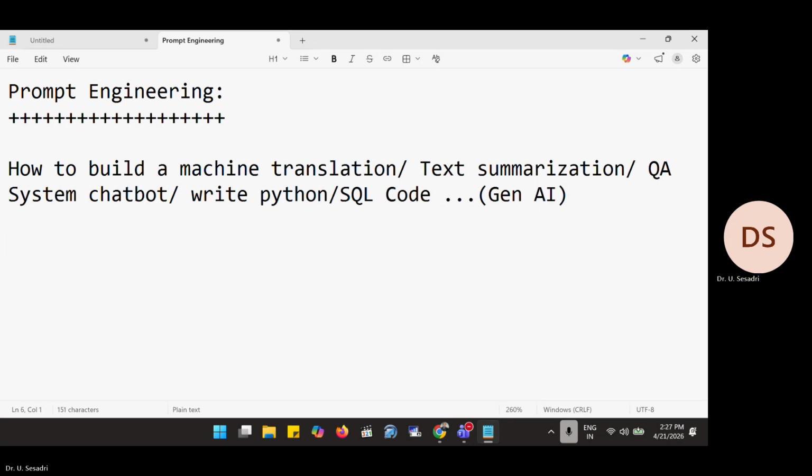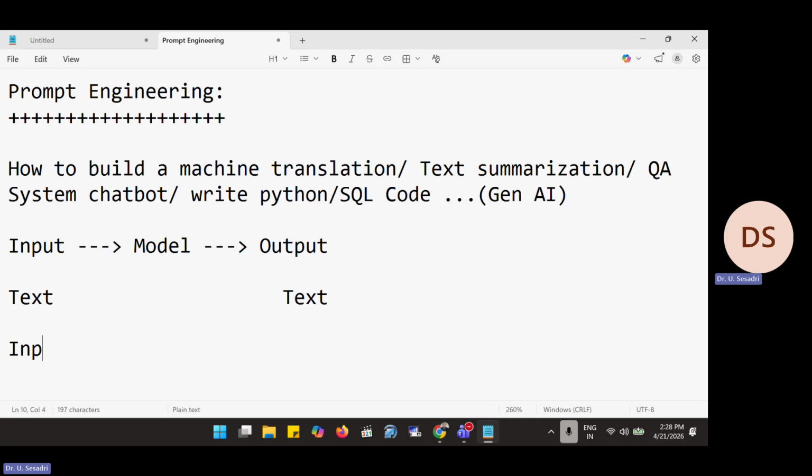Here we give input to the model and it provides the output. Here the input we give is text. Then using the model, you may use the LLM model, or RAG, or a fine-tuned model, we get the output as text.